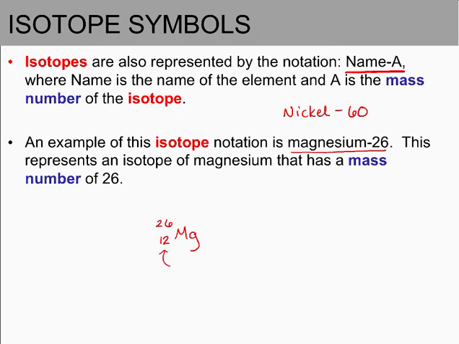So we can always find that on the periodic table. And in fact, sometimes chemists will just write the mass number and leave out the atomic number because the atomic number is very easy to find. And it's always the same for magnesium.